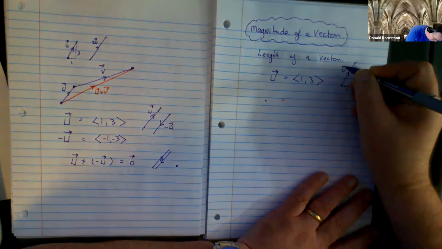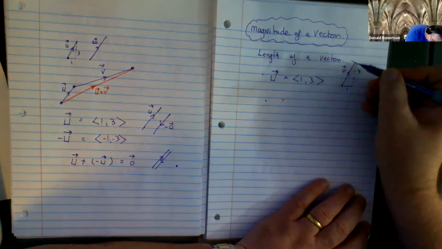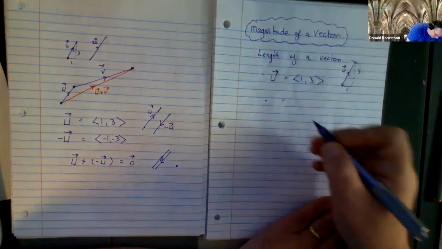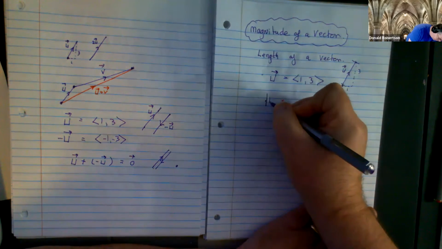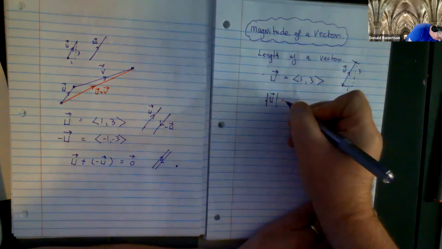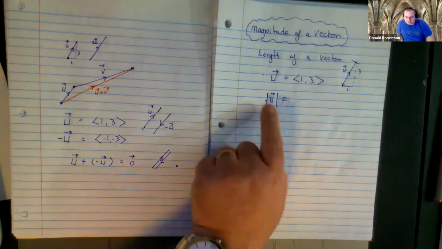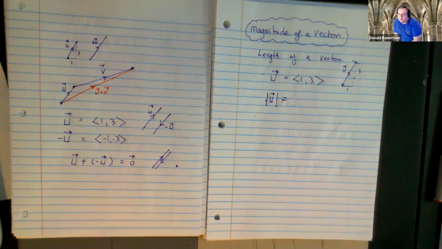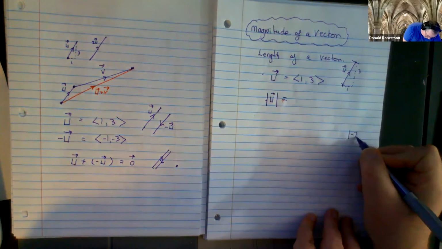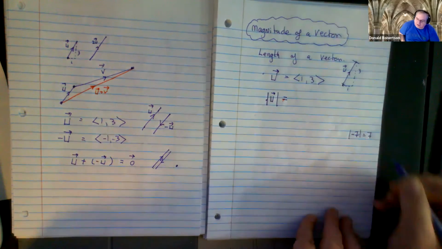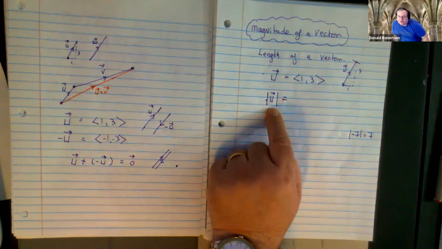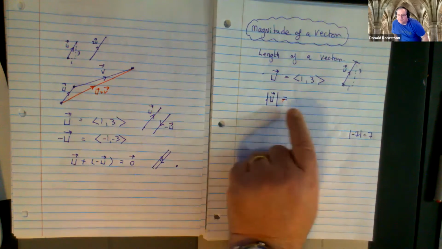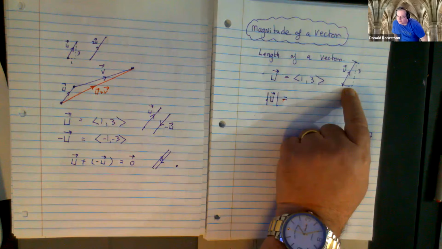There's my vector u. The length of that vector is called its magnitude. The symbol that we use for it is a symbol that you've used for other reasons in mathematics. You ever seen those 2 vertical lines round something? You've probably seen it when you do things like the absolute value. And when it's done in the context of a vector, it means the length of that vector, called its magnitude.